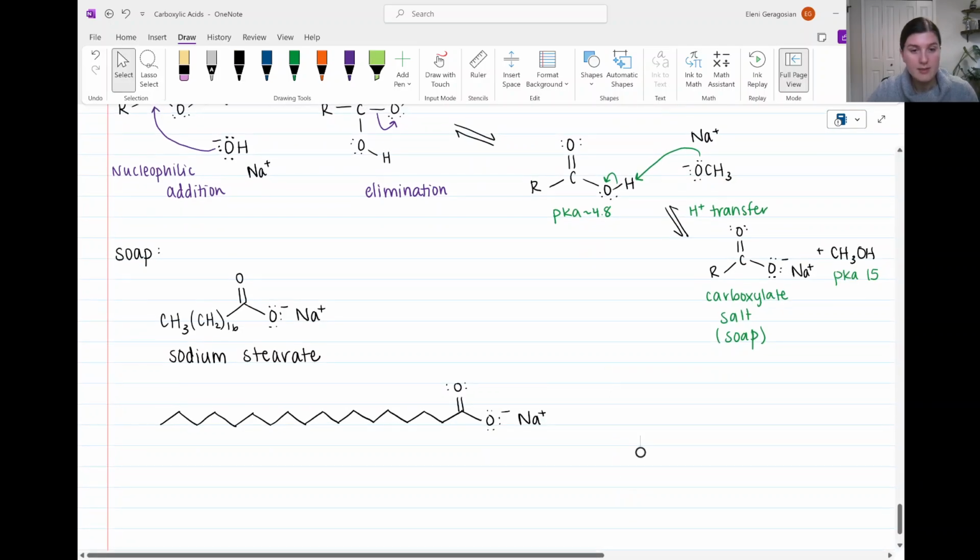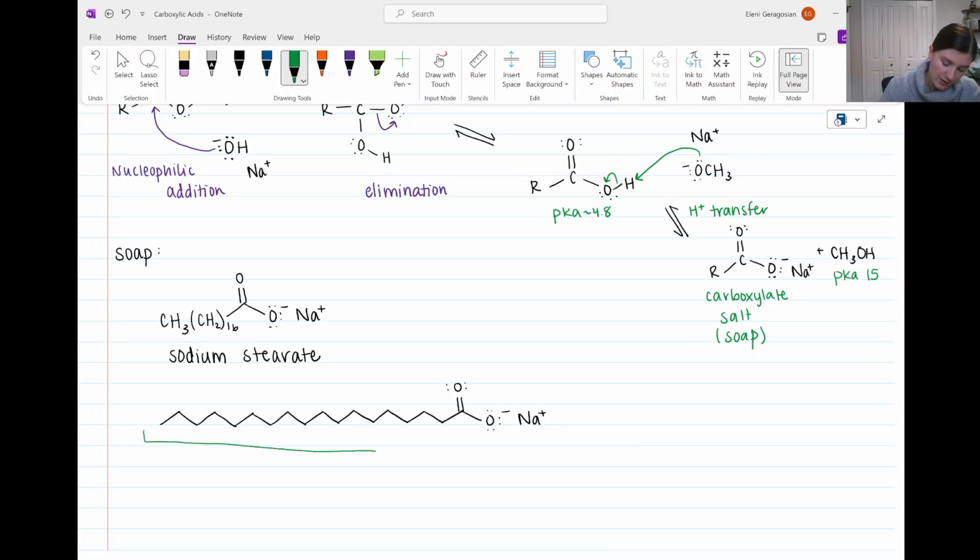Now with this molecule having that long carbon chain, remember if we have a long carbon chain without any polar bonds, polar or electronegative atoms, this is a hydrophobic part of the molecule. So it's not polar, and in this part of the molecule only London dispersion forces are present.